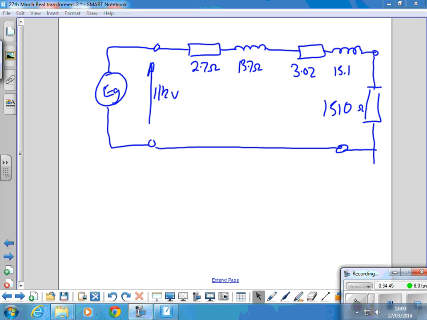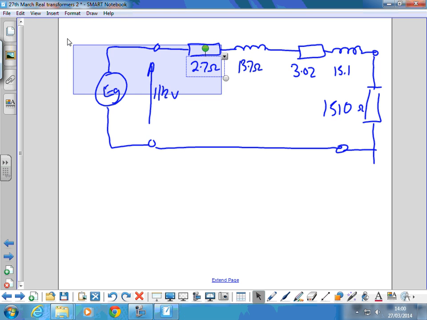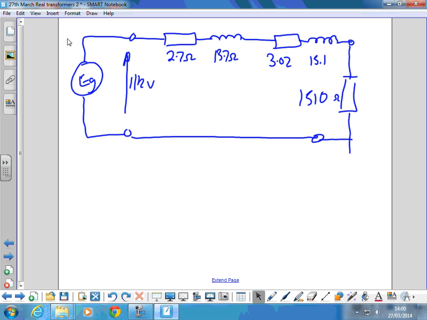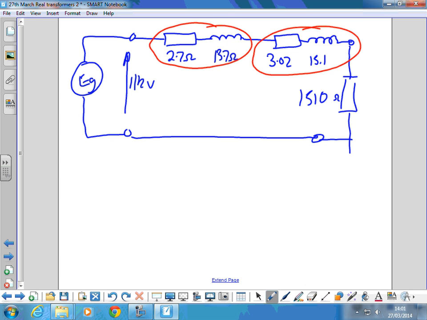Having developed that model, where all the impedances have been transferred to the primary side and the ideal transformer removed, we can now combine these two and these two into one impedance. Well, one resistor and one inductance.